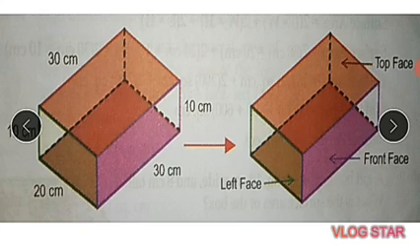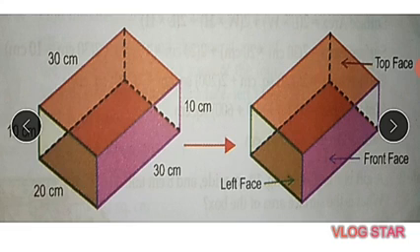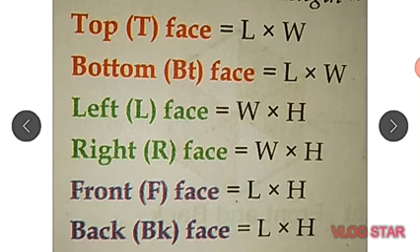Those are the parts of a rectangular prism. Just like here, the length is 30 centimeters, the width is 20 centimeters, and the height is 10 centimeters. We will use that in solving for the surface area of the rectangular prism.